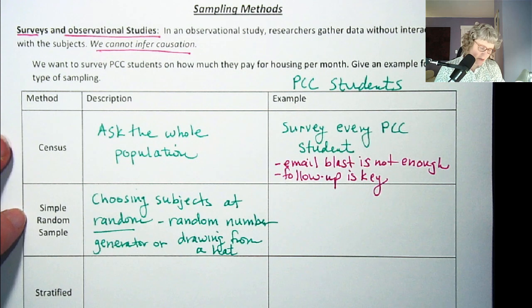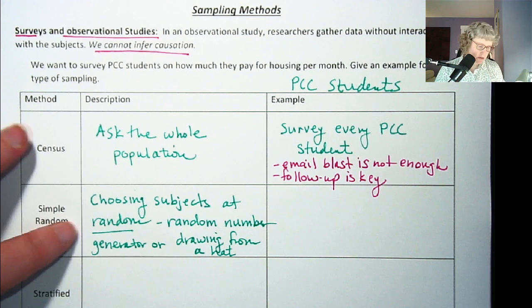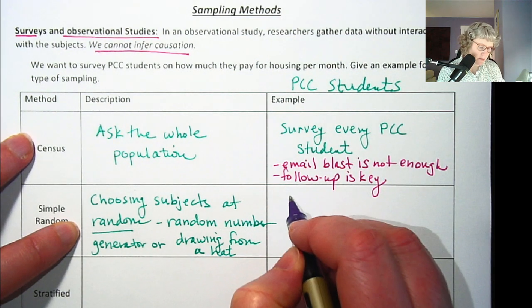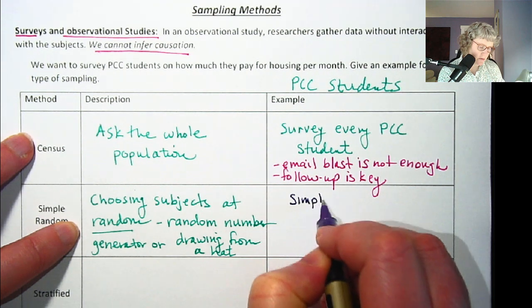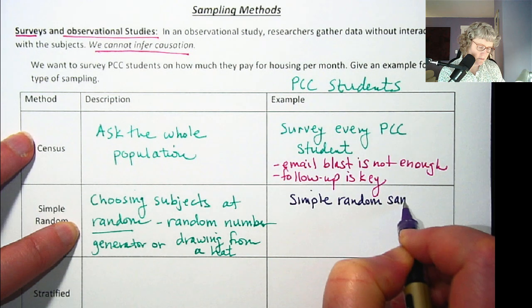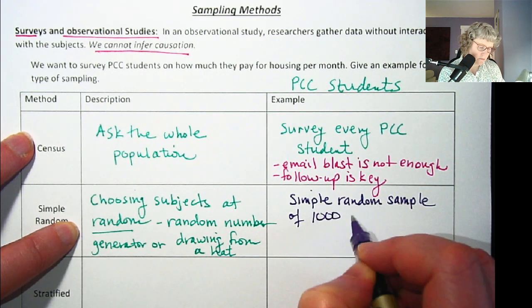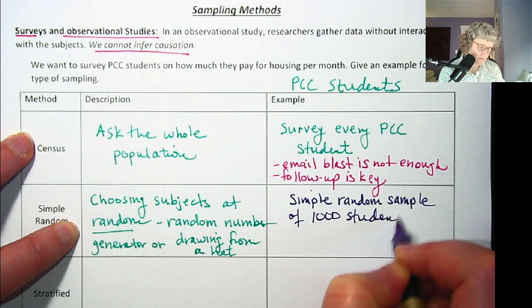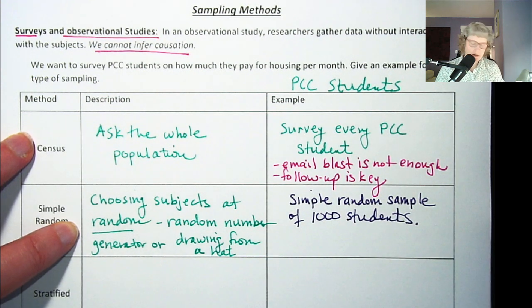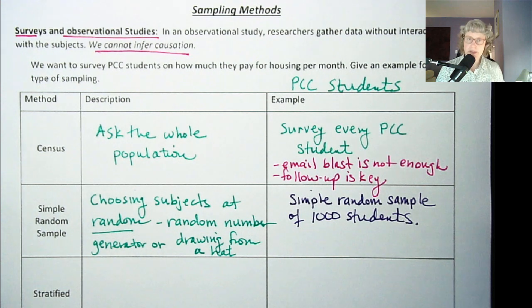So what is an example of this with PCC students? Let's say we want a simple random sample of 1,000 students. We'll talk more about sample size later in the class. So what we might do, we need to choose an identifier.